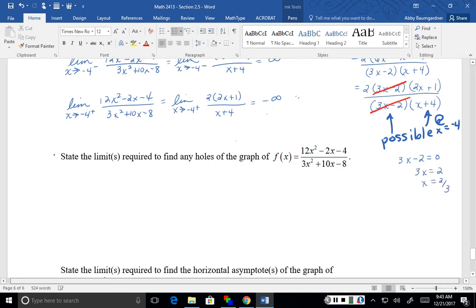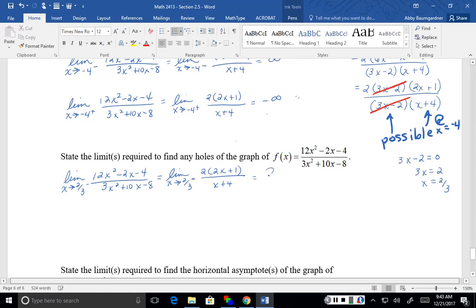So we now know the limit as x approaches 2/3 from the left of this rational function, we know that it factors and things cancel, and so we end up with just 2 times (2x plus 1) over (x plus 4). I'm getting that again from up here where I factored and those guys canceled. It left me with just the 2 and these.